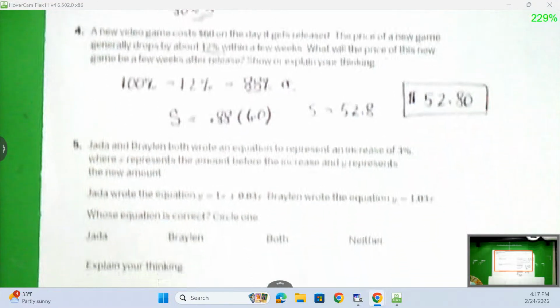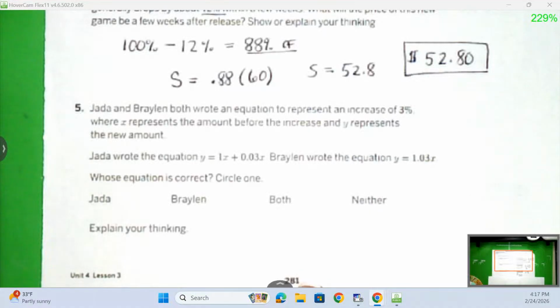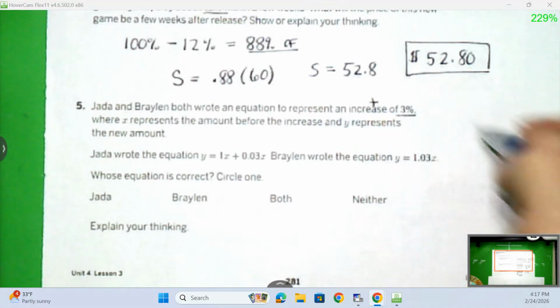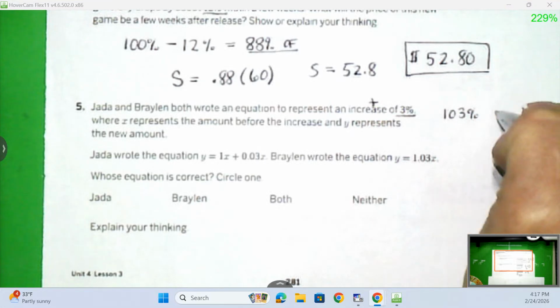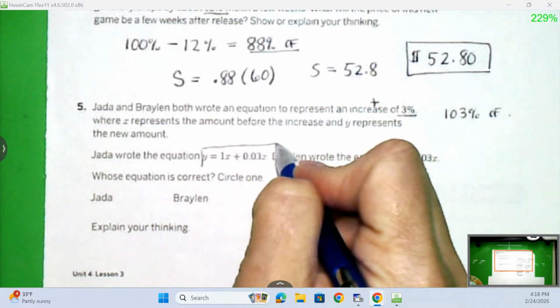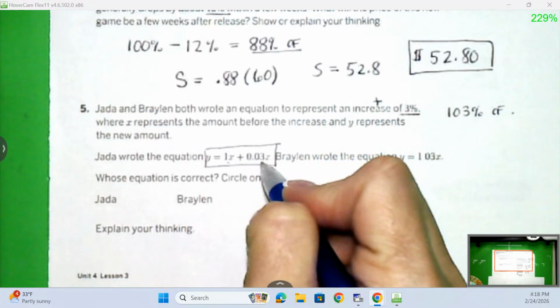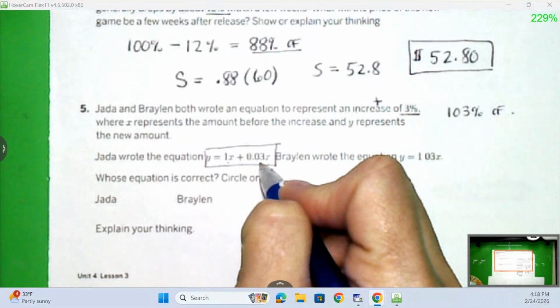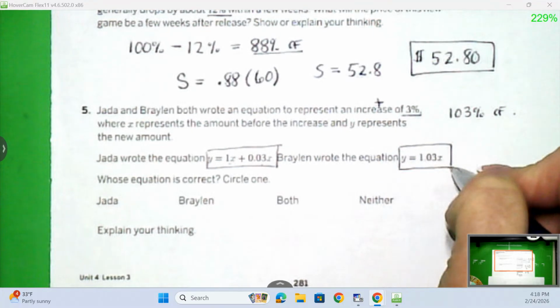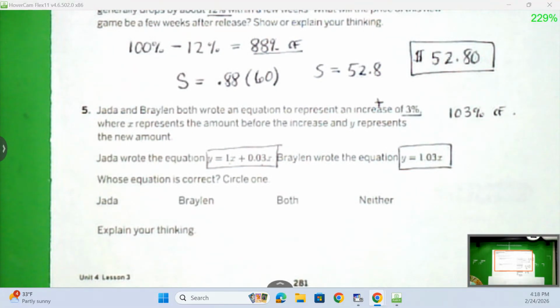Okay, question 5. We have Jada and Braylon both wrote an equation to represent an increase of 3%. Okay, so that would be 103% of an amount, where X represents the amount before the increase and Y represents the new amount. So Jada wrote Y equals 1X plus 0.03X, and Braylon wrote Y equals 1.03X.